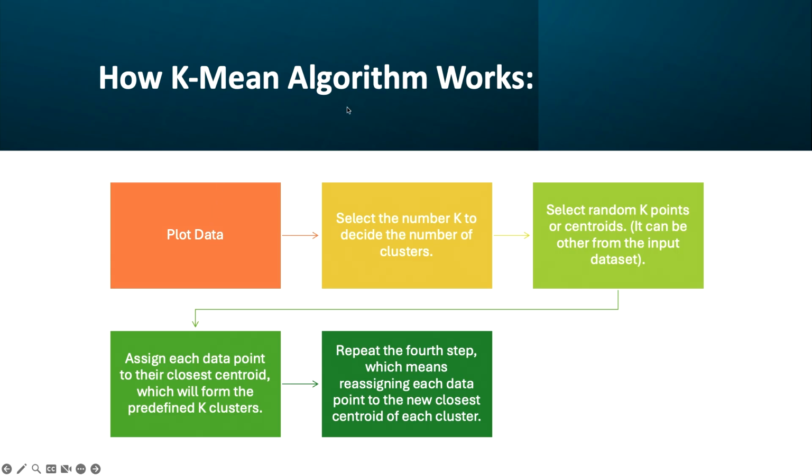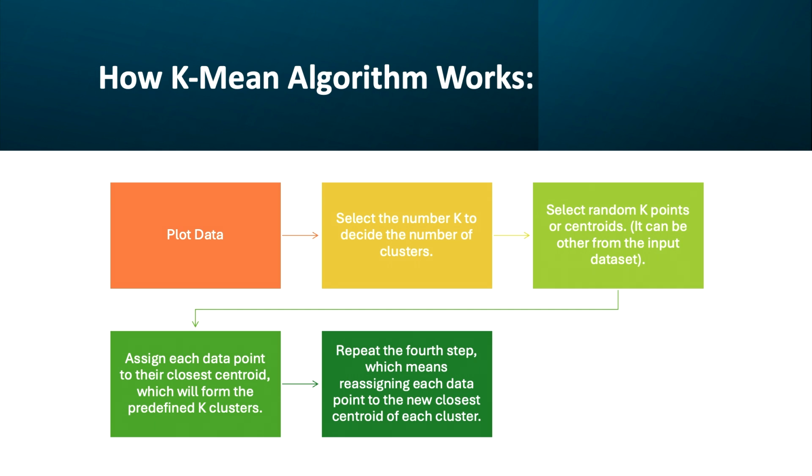The general pipeline for the k-means algorithm is: first we make a scatter plot, and we also select the number k. Based on these data points, the number of points will be classified by calculated distance. We select some random k points. For example, we initially define k as 3.